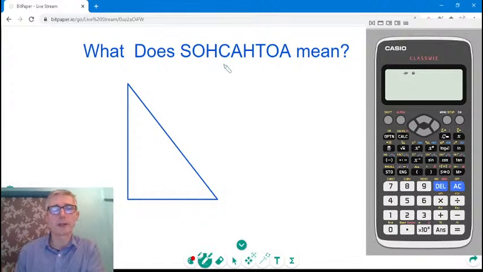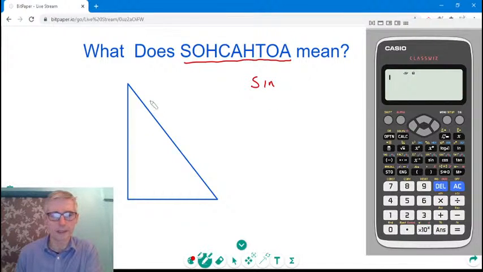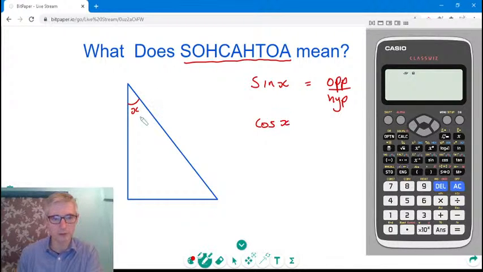SOHCAHTOA is an abbreviation. It stands for sine of an angle, so imagine we've got an angle there, I'll call that x. Sine of the angle x is equal to opposite over hypotenuse. The C stands for cosine, abbreviated as cos, so cos of our angle x is equal to adjacent over hypotenuse.